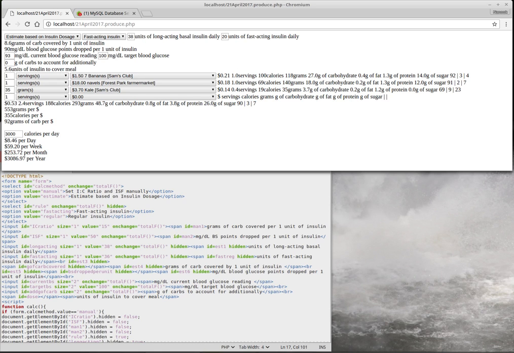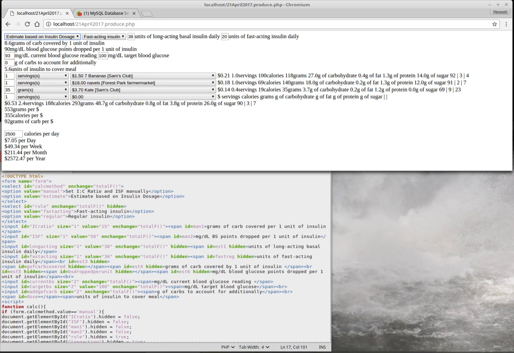It'll also give you your cost, but if you break it down and you're trying to eat 3,000 calories a day, it'll tell you how much it's going to cost per day, per week, per month, per year. Or if you want to change it to 2,500 calories or 2,000, it'll give you a readout for that many calories. And that's pretty much where the program's at right now.